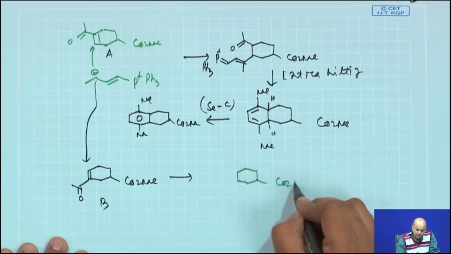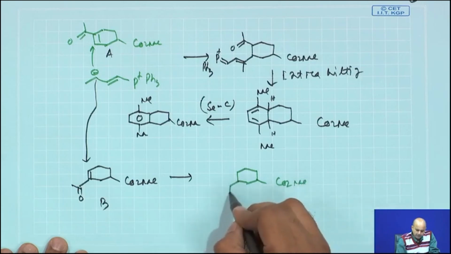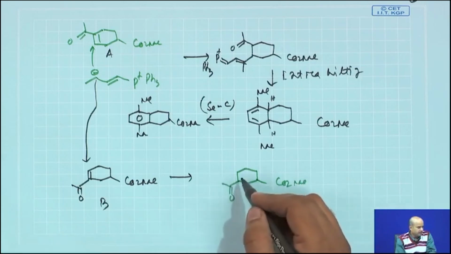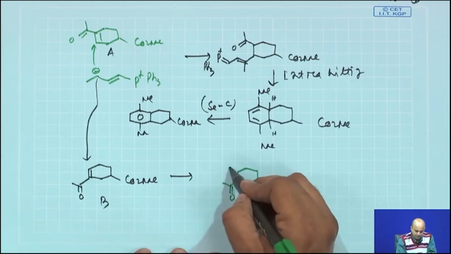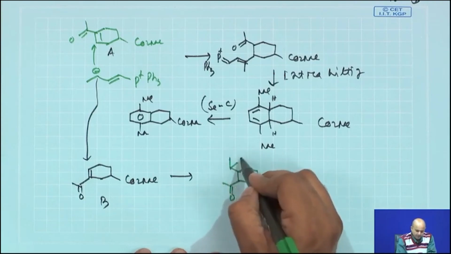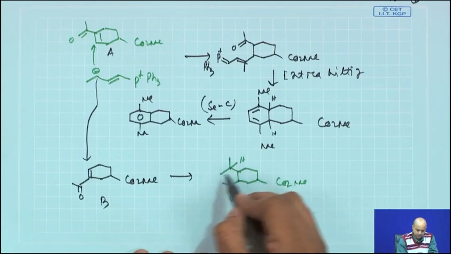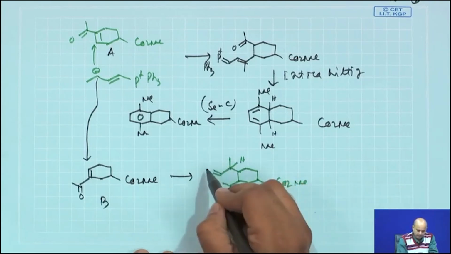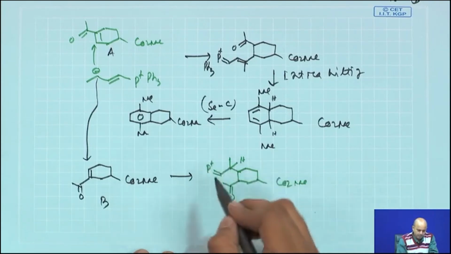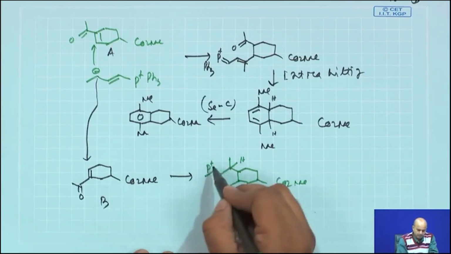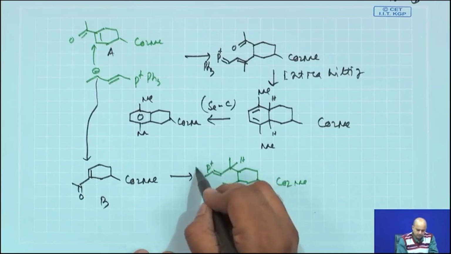This CO2Me is here, this COMe is here. Now, if it attacks in Michael fashion, you basically have this, and then you have your P plus and your PPh3 actually.